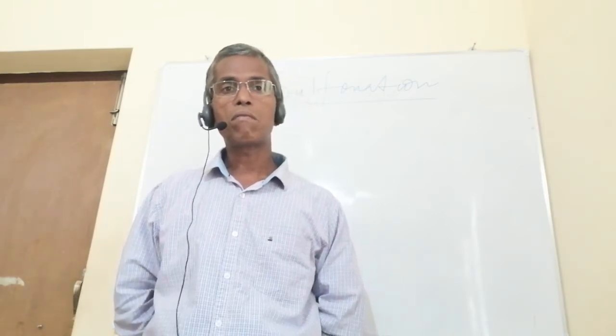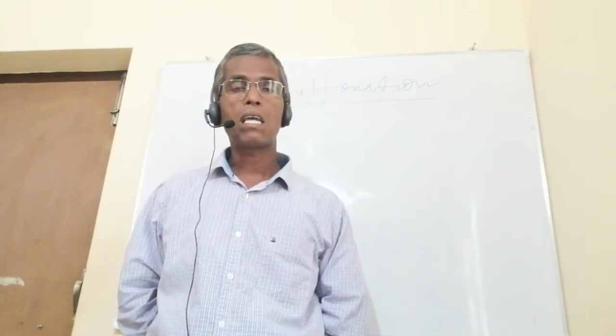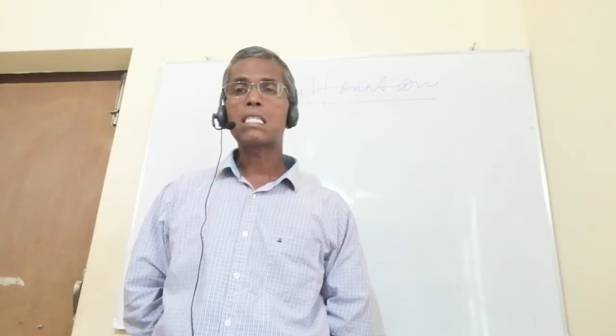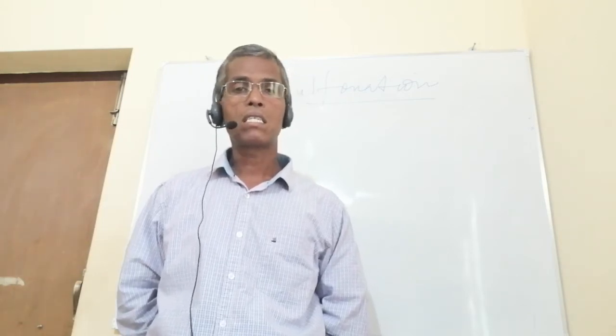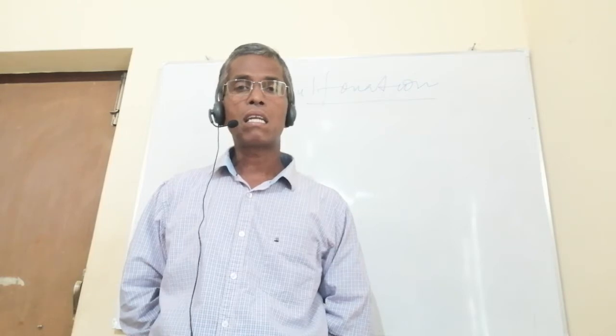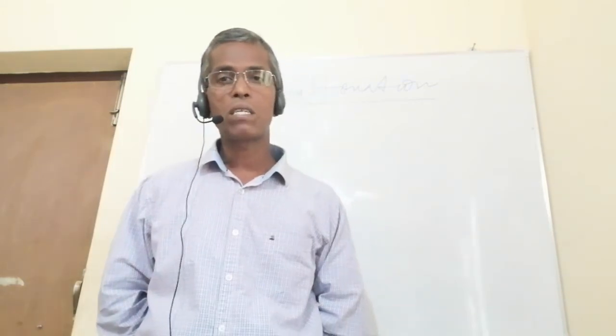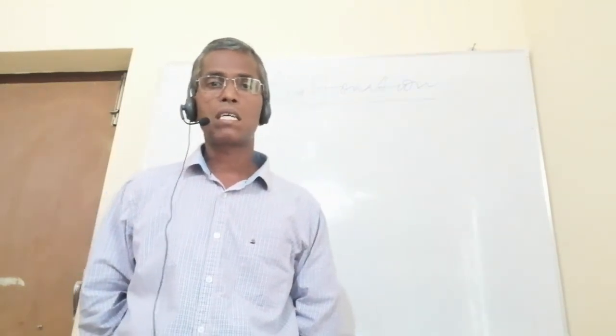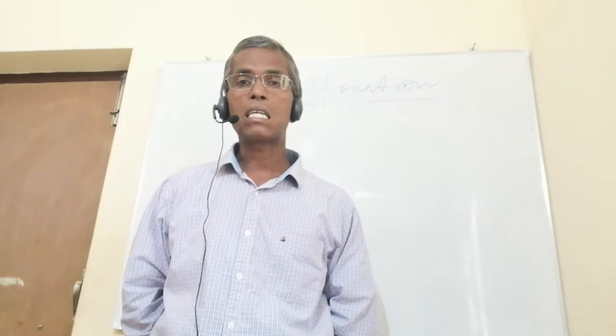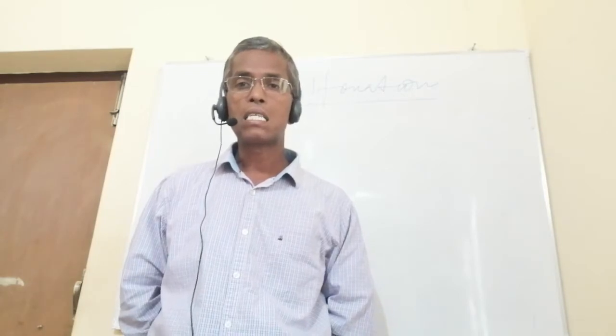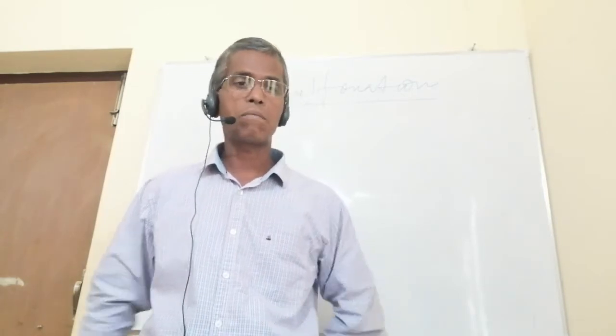What is fuming sulfuric acid? It is nothing but a mixture of concentrated sulfuric acid and sulfur trioxide. I repeat, fuming sulfuric acid is a mixture of concentrated sulfuric acid and sulfur trioxide.